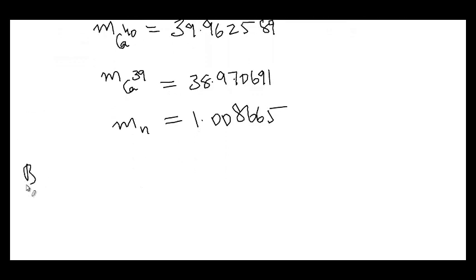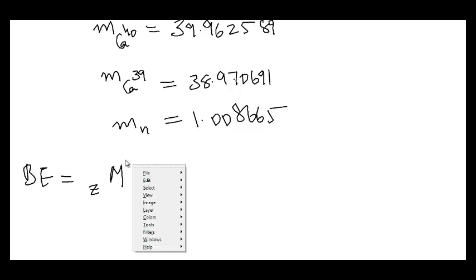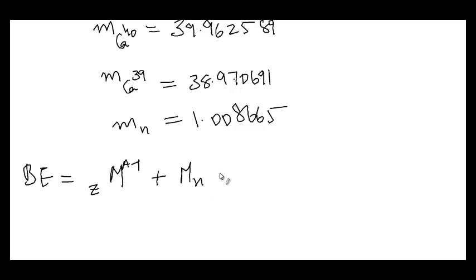The binding energy of the nucleus is defined as the mass of the daughter nucleus, A minus 1, plus the mass of the neutron, minus the mass of the parent nucleus.